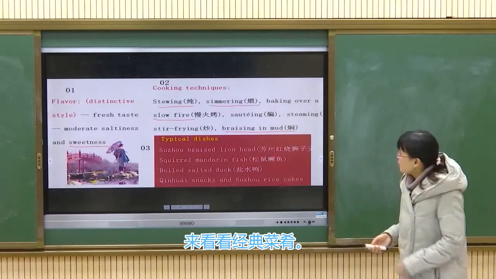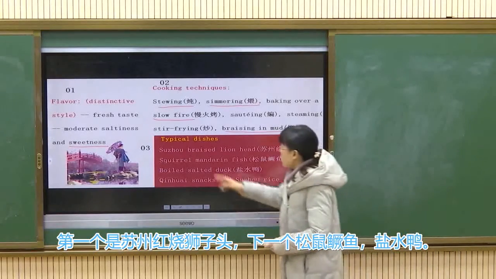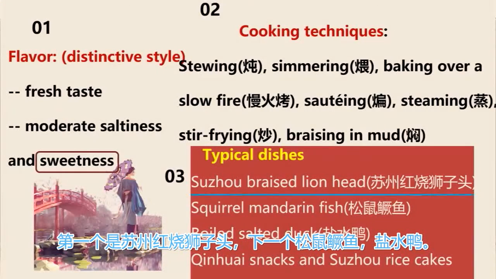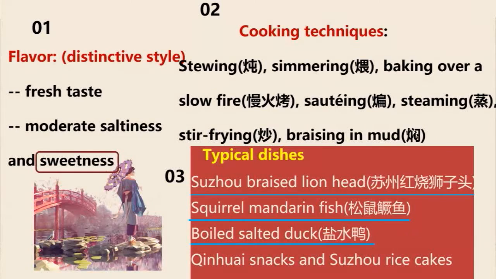And let's look at the typical dishes. First one is Suzhou braised lion head. What is lion head? 狮子头. Yes, that is 苏州红烧狮子头. Next, squirrel mandarin fish, 松鼠桂鱼 and boiled salted duck, 盐水鸭.